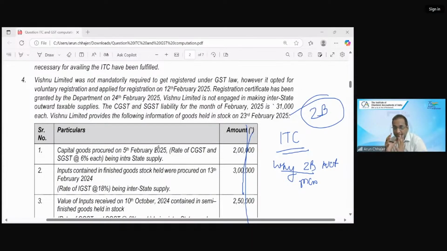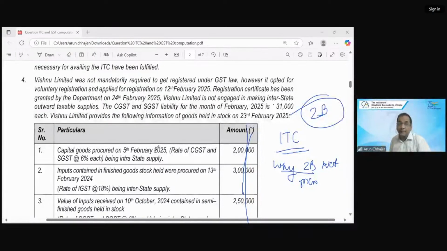My simple question: till the previous question you were saying the same thing, that ITC should appear in the GSTR 2B. If it is not added in the IFF, it will not be available. Why are you not talking about the same condition here in this example? अभी तक हम बात कर रहे थे 2B is mandatory, it has to be added in the IFF, if not then ITC not available, then why are these things not applicable here?